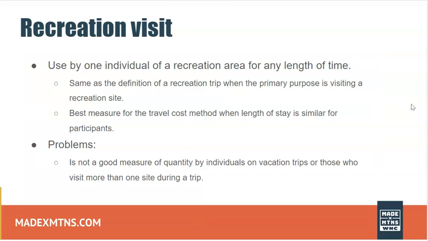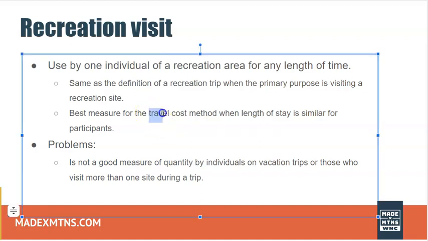Economists have determined that the recreation visit is the best measure for use in the travel cost method, especially when length of stay is similar for participants. Length of stay being whether it's a day trip versus an overnight trip. We'll consider the travel cost method for valuing recreation activities later on.